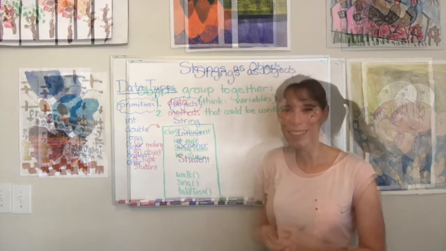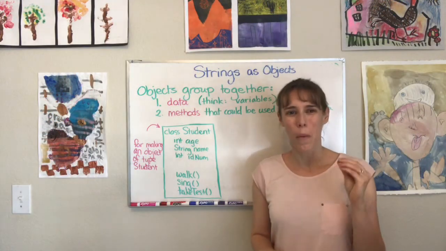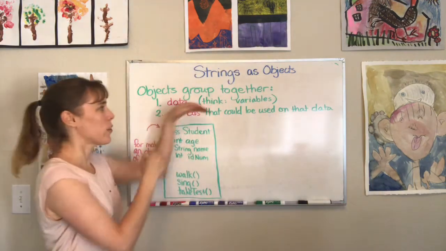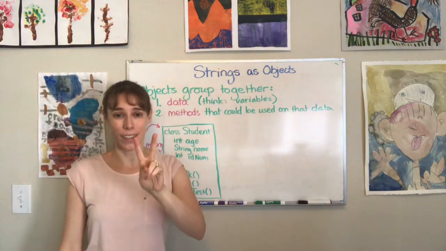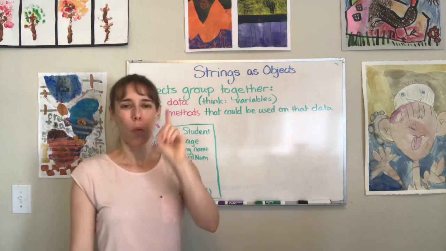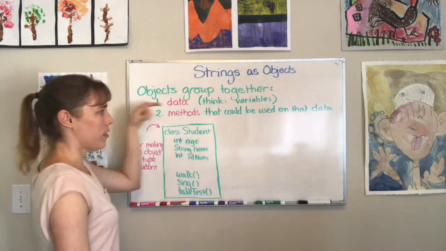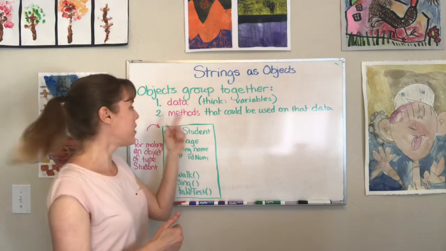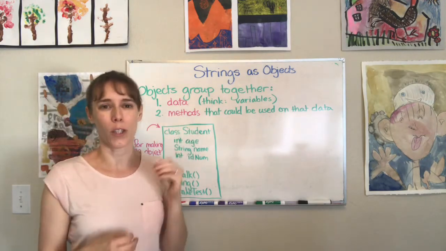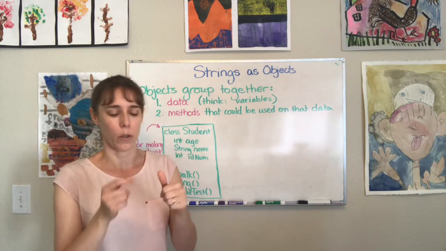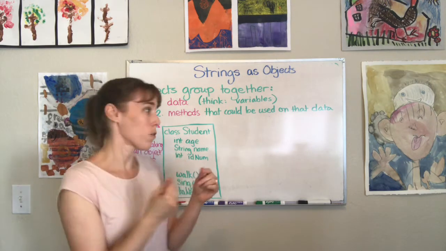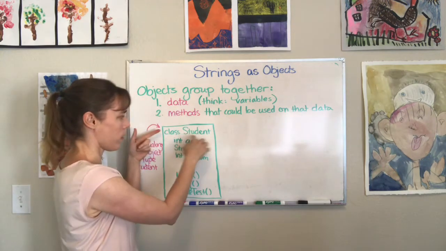The most important thing you need to know about objects is that they are designed to group together two things. One, data. So you're thinking about different kinds of variables. They group data together with methods that can be used on that data. So say we had an example with a student.